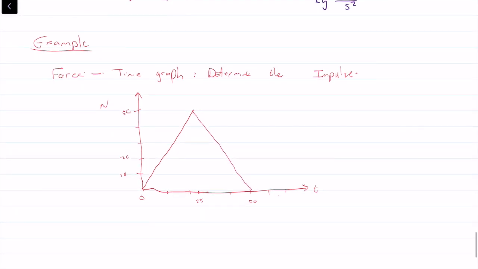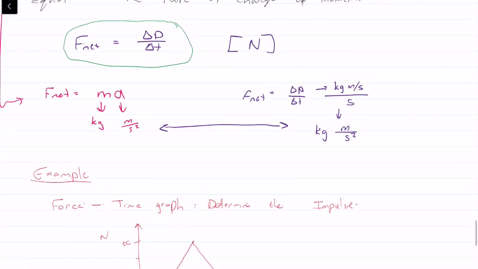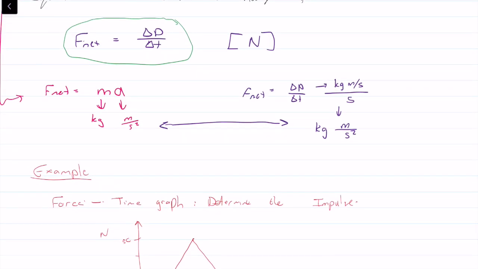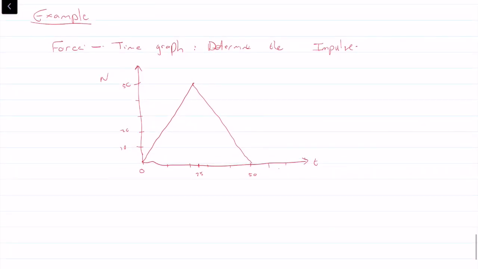Okay, and we want to determine the impulse, right? Using this equation right here, F net equals delta P over delta T, we can say, and this is impulse.